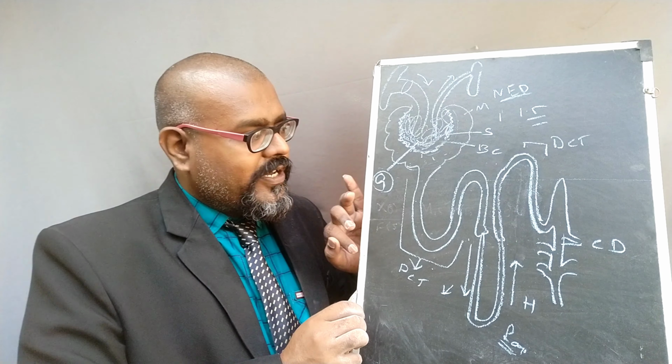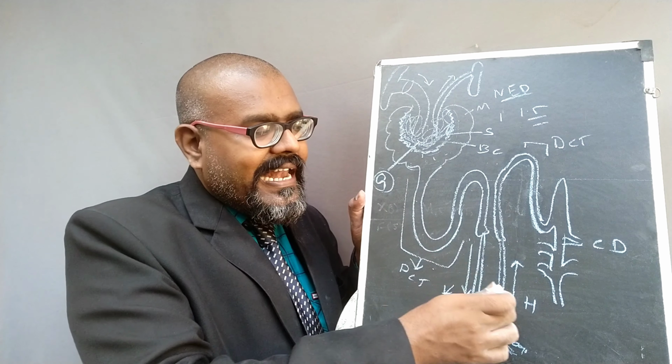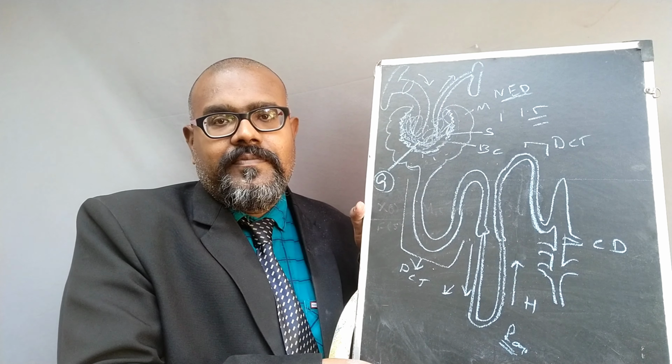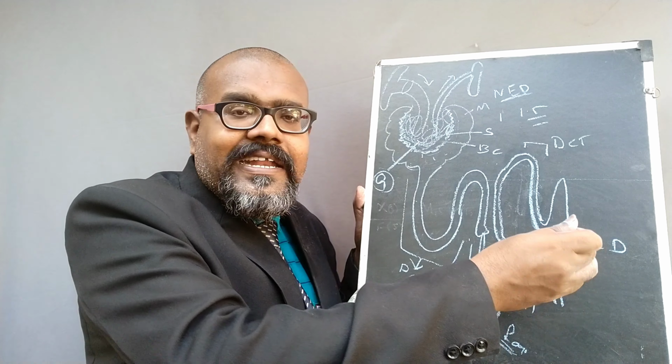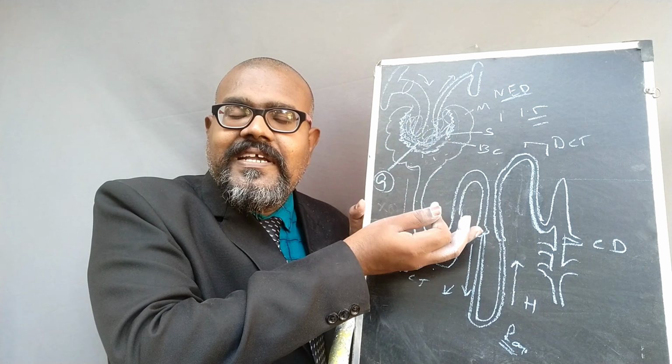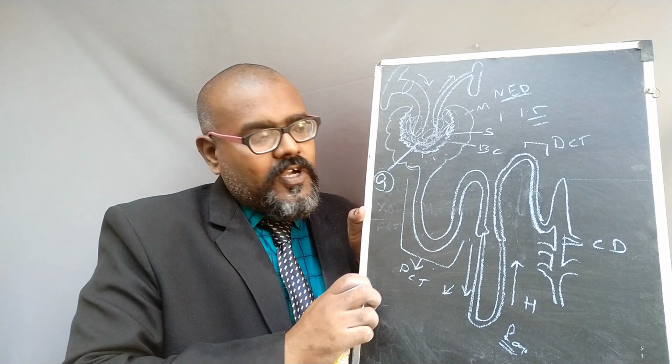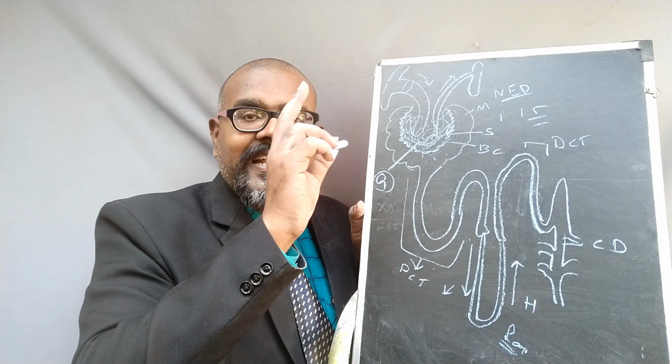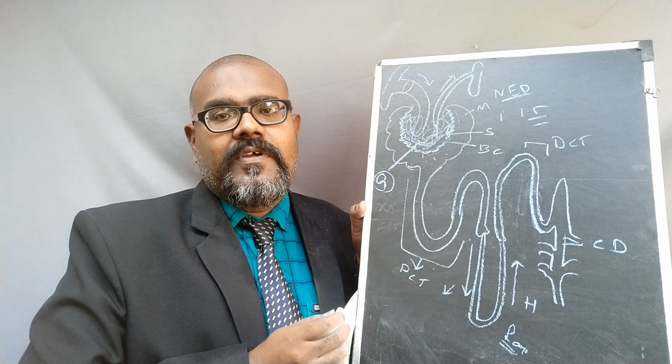The portion of the Henle loop is present in the medulla region. The portion of the collecting duct is present in the medulla region. All the other parts, about 90%, are present in the cortex region. This collecting duct, as we already saw, leads to the renal pelvis region.